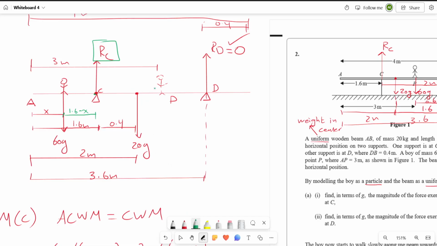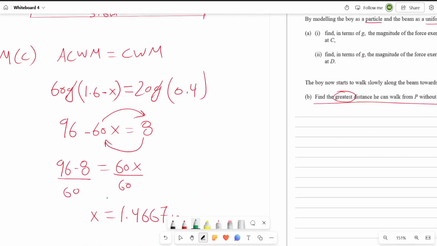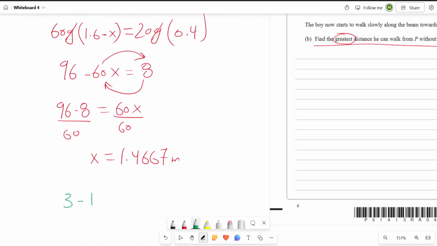The distance that he walked is going to be basically this green distance, right? Because he walked from here all the way up to there. So this is the distance that I'm interested in. Super easily, I can see that this whole thing is 3 meters. My x, I just got it, so it's going to be basically 3 minus x, or 3 minus 1.4667. This is going to give me an answer of 1.53 meters, and this is the final answer to this question.